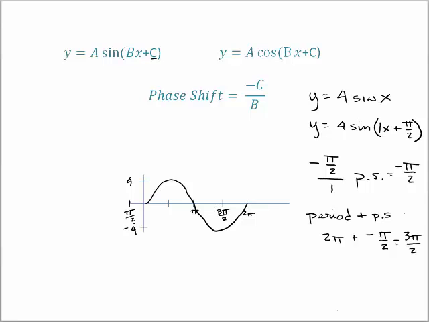It's out of phase. Let's see if we can draw that curve. Okay, so we're going to come down here. So we're going to go up to maximum amplitude, come down to minimum amplitude, and end at 3 pi over 2.